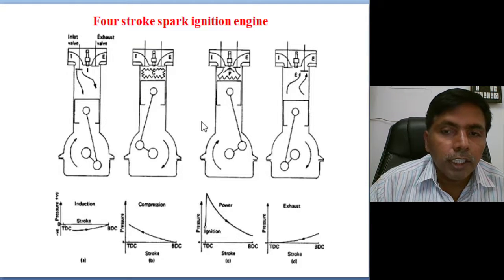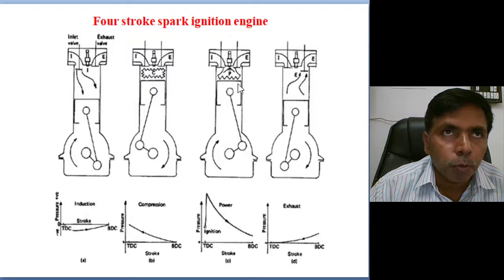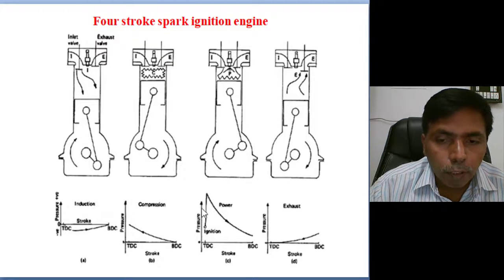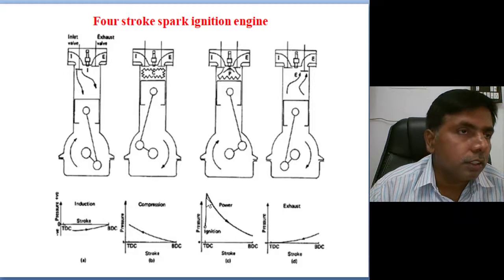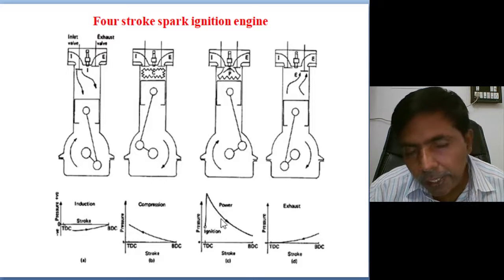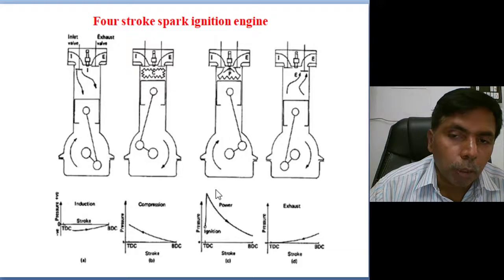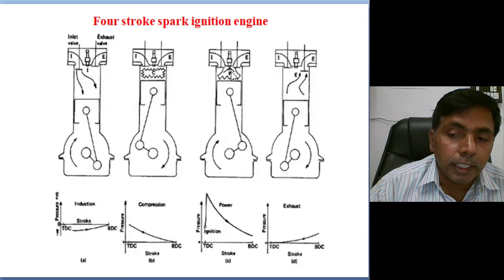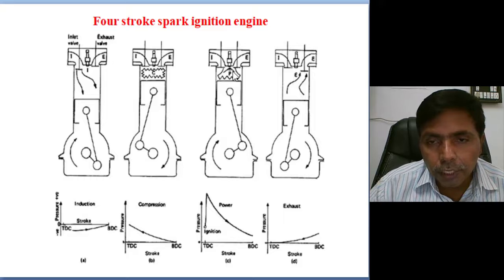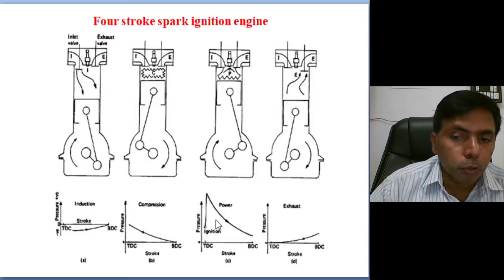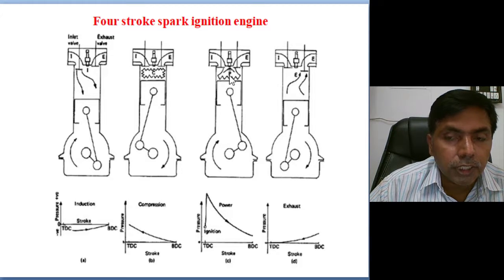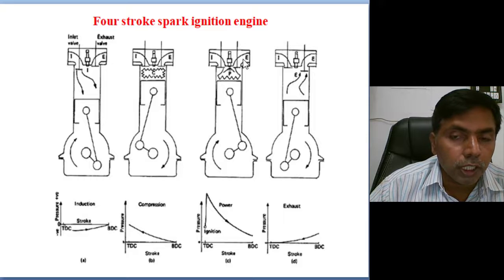Third one, in the third stroke, the piston movement from TDC to BDC, we are completing ignition. Next, expansion. So here combustion and power stroke combinedly take place at the time of this expansion stroke or power stroke. Combustion, while the piston is reaching TDC, both valves are in closed condition only.